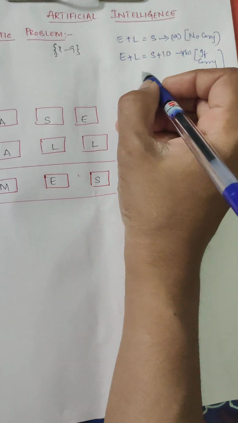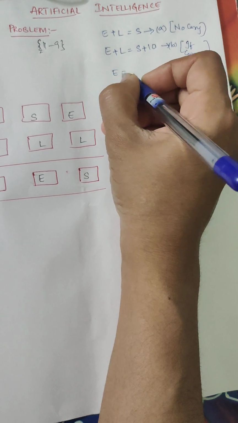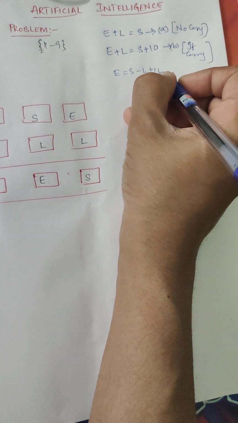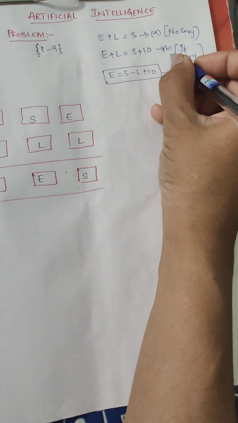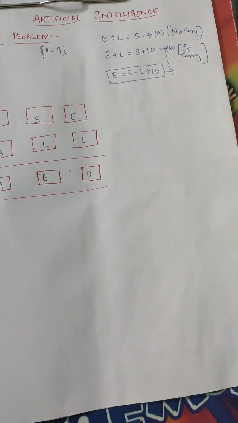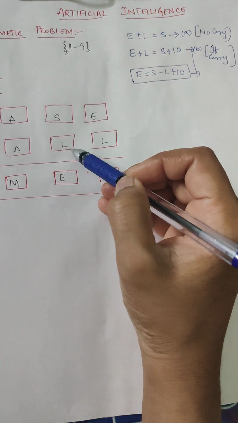Now how can I write this equation? E is equal to S minus L plus 10. Let this be my equation B. Same thing, whatever it is from here. Now consider the second equation.